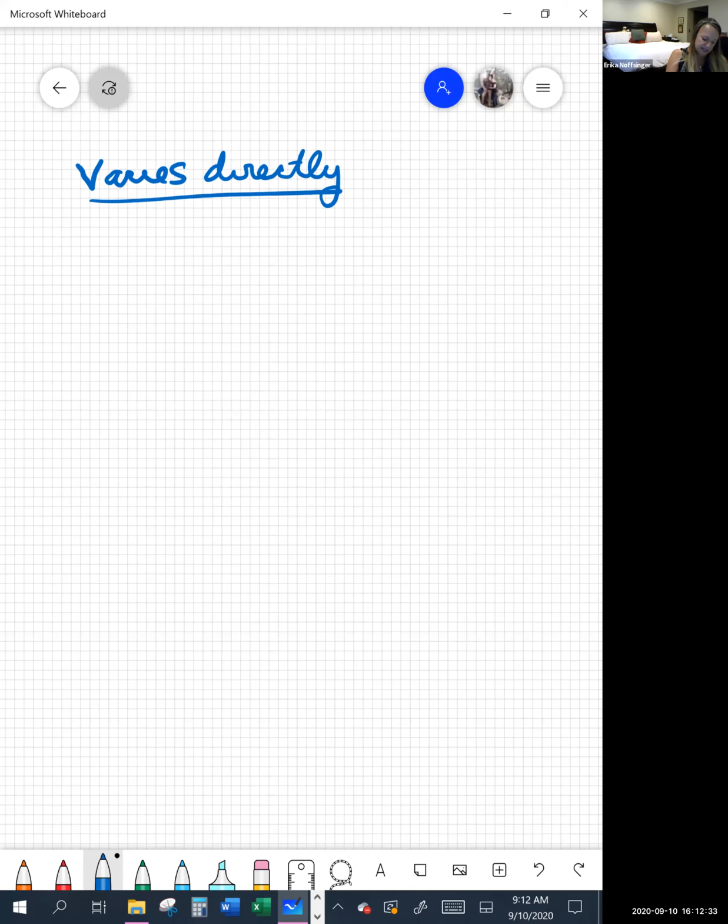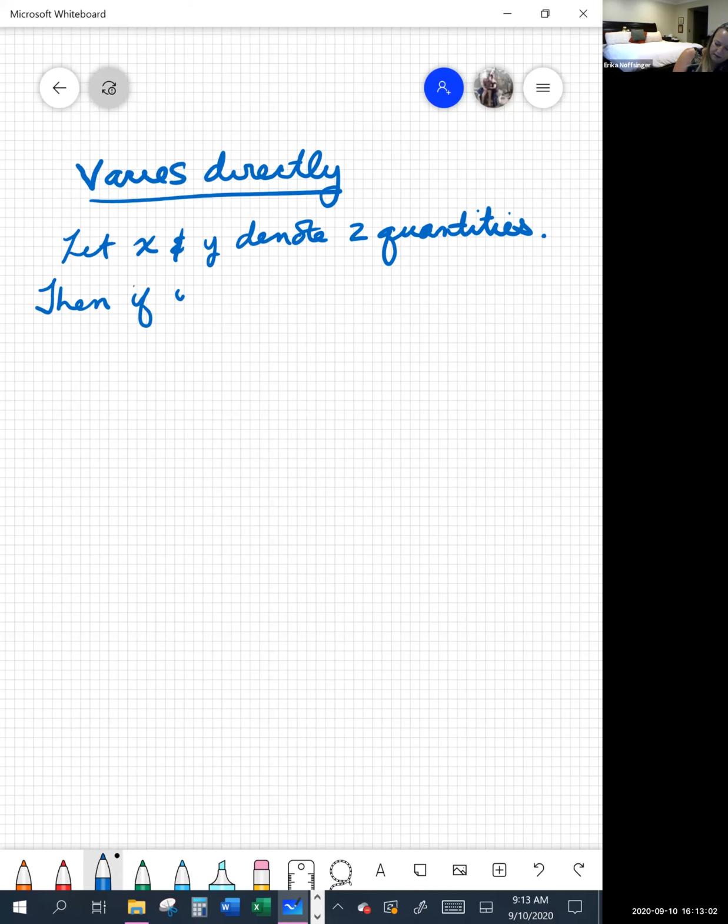If you see something that says let X and Y denote two quantities, then if Y varies directly with X, that's one way to write it.